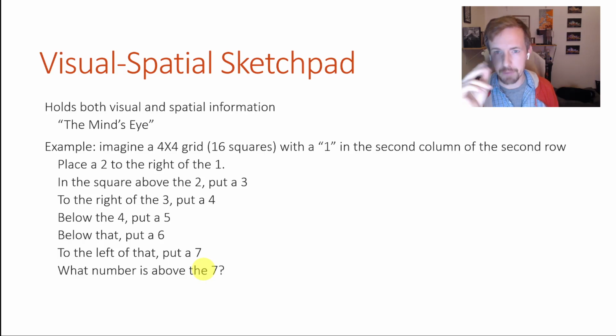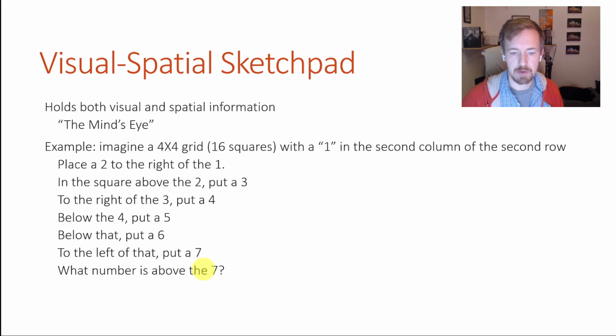In the square above the 2, I want you to put a 3. To the right of that 3, I want you to put a 4. Below that 4, I want you to put the number 5 in that square. Below that 5, I want you to put the number 6. To the left of that 6, I want you to put the number 7. And now, what number is above that number 7?